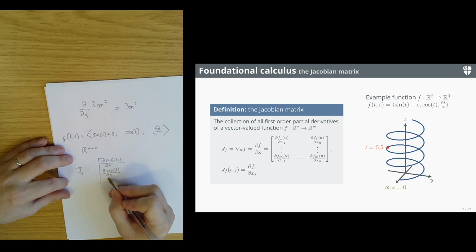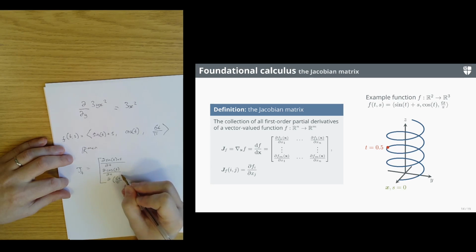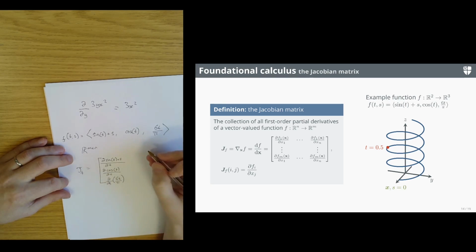And then we're going to say the partial of, let's just do the function here, so 6t over pi with respect to t. And then we're going to go partial of sine t plus s with respect to s.